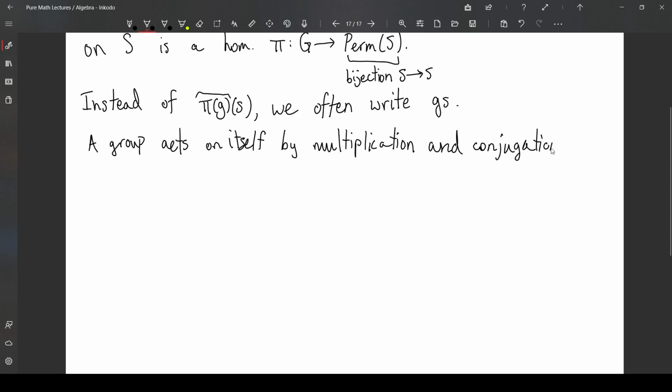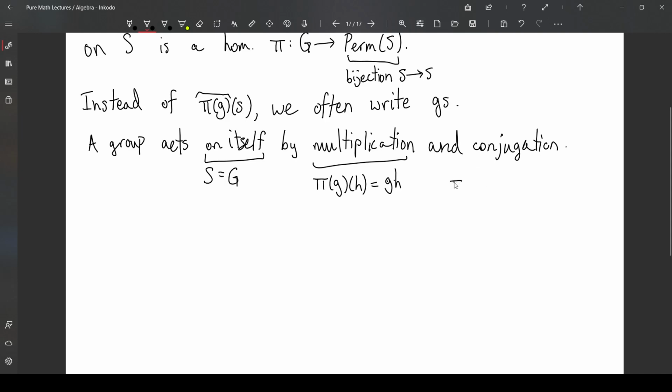These are examples. When I say it acts on itself, that means that our set S is just the group. And so the multiplication is that pi of g acting on some other group element h is quite literally the product g times h, the group product.